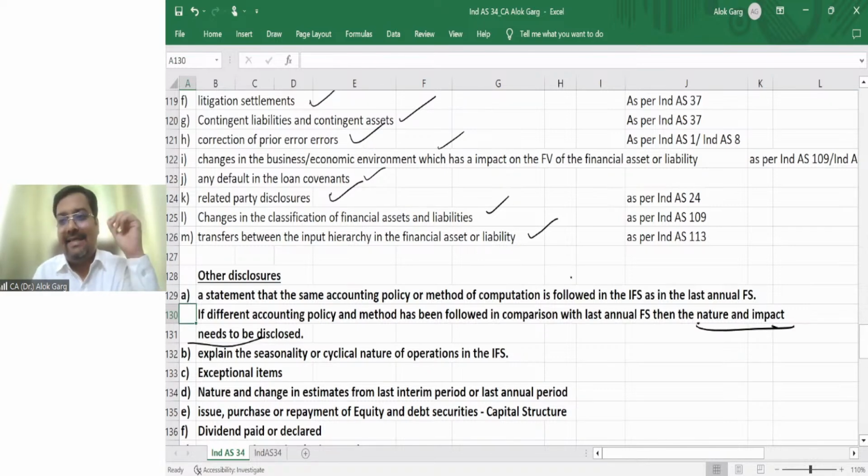You can say that except leases, the company has followed the same accounting policy or method of computation as followed in the last annual audited financial statement. For leases, due to introduction of the new standard, we have changed this policy, and this is the new policy. This is the nature of the change, and this is the impact of the change. Is that right?